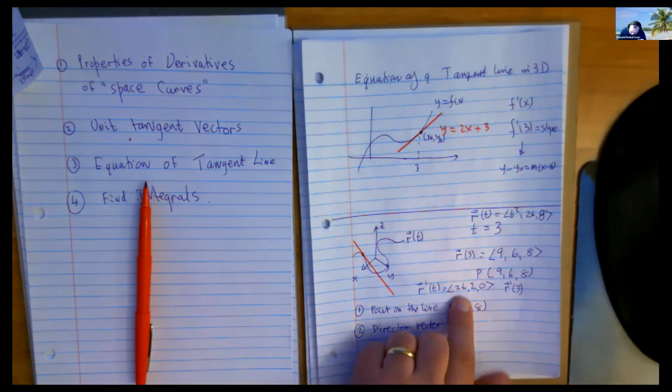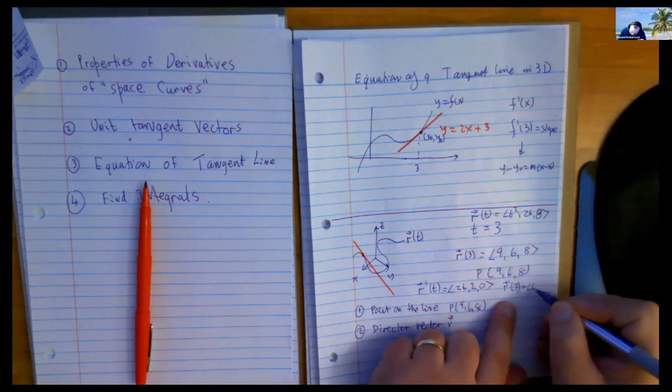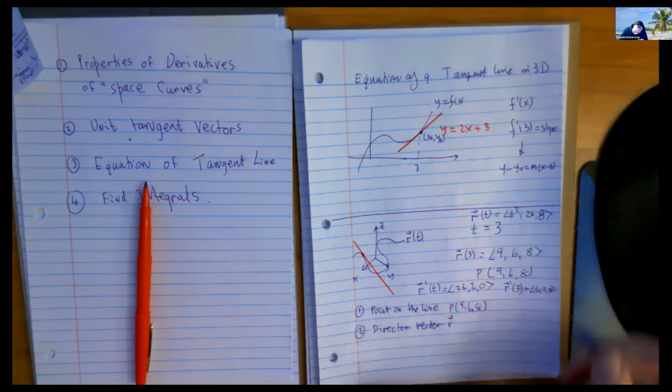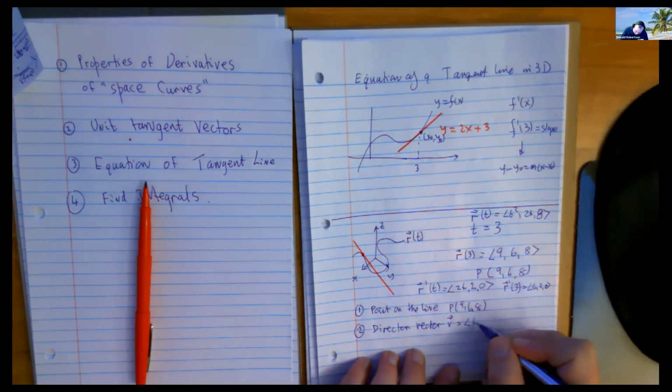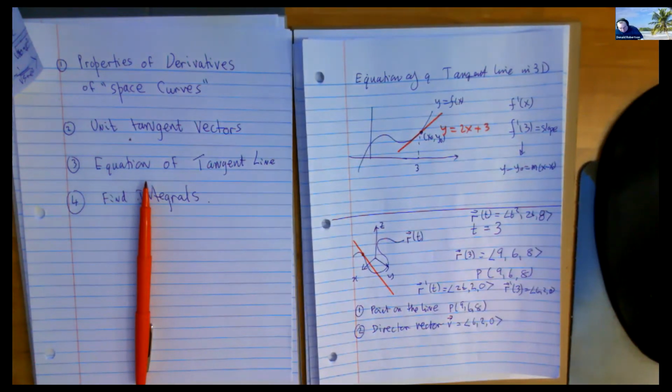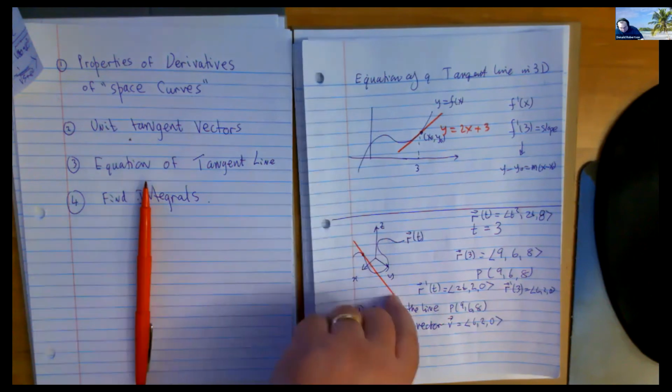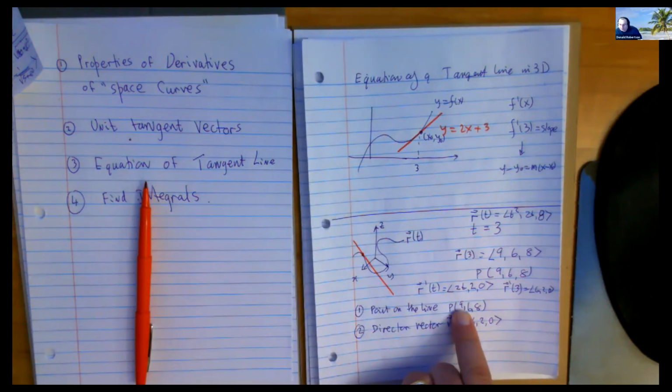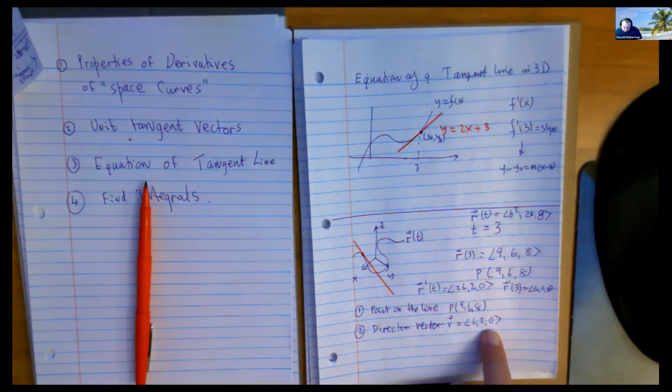So what do I get? I get 6, 2, 0. So I will be able to give you the equation of this line now. I know it passes through the point 9, 6, 8. I know its direction vector is 6, 2, 0.